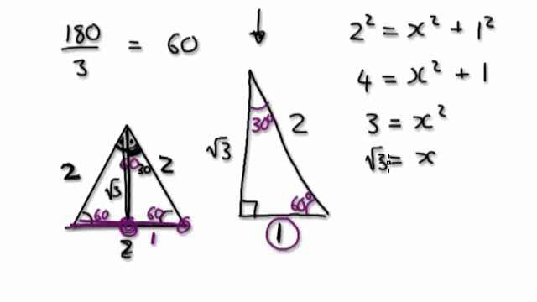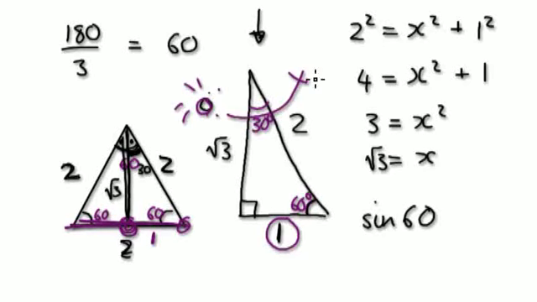Now we can use our normal technique here. So let's say sine 60. Our imaginary sun will be here, so we know that sine 60 will be root 3 over 2.